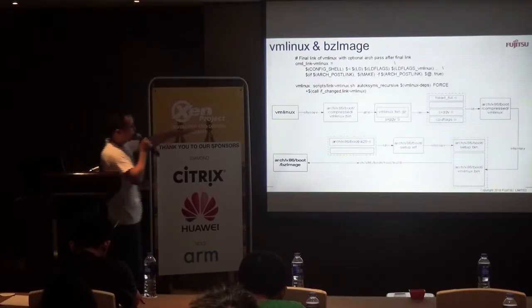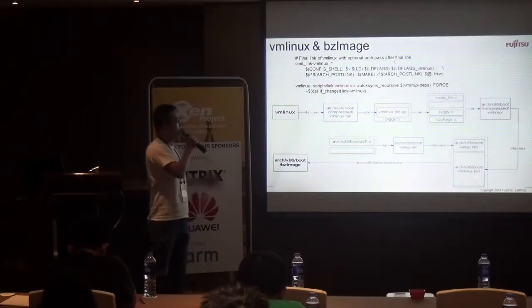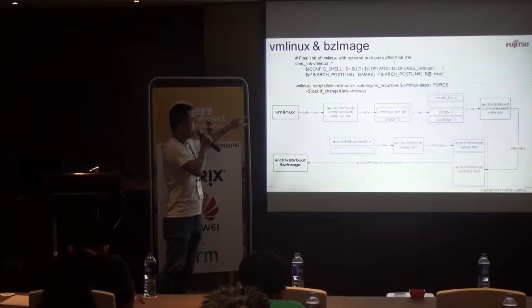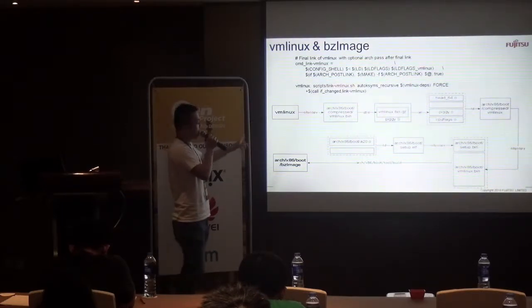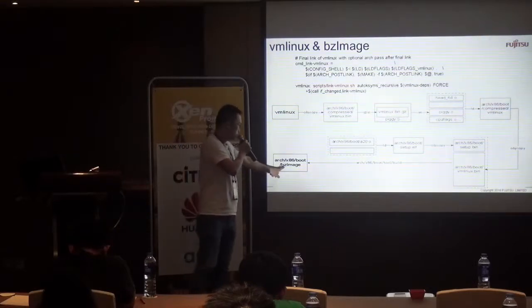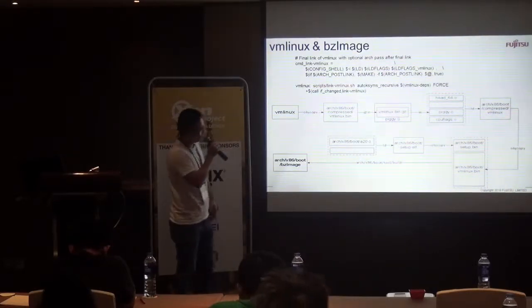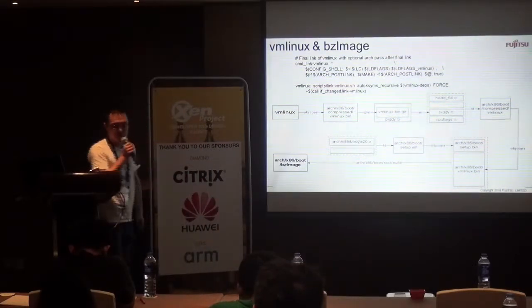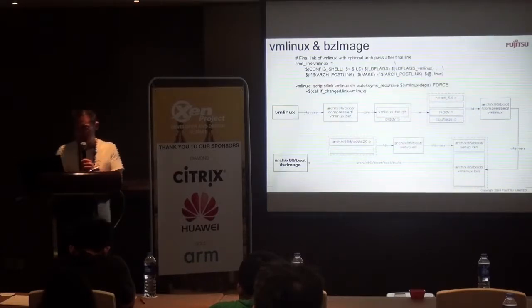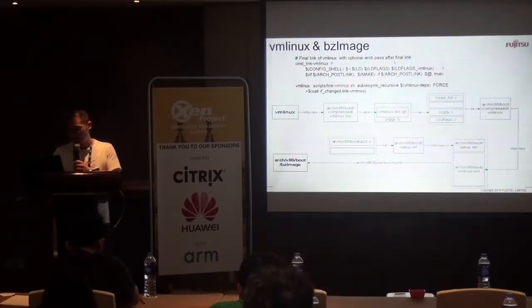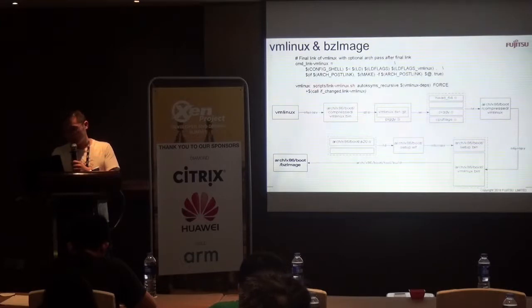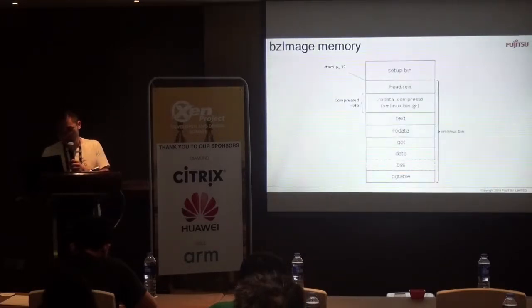This is the whole process of how the vmlinux file under the source root is processed, then finally produces the bzImage. This picture shows the whole process, but I will skip the explanation. This is the memory image of the bzImage.